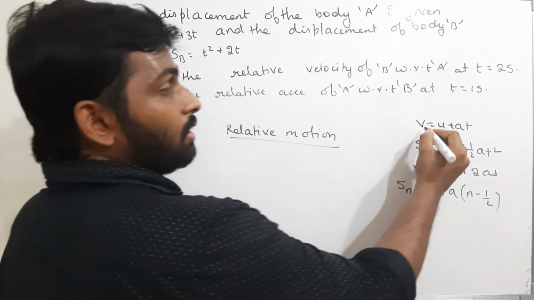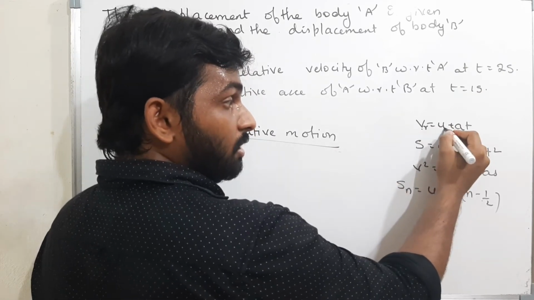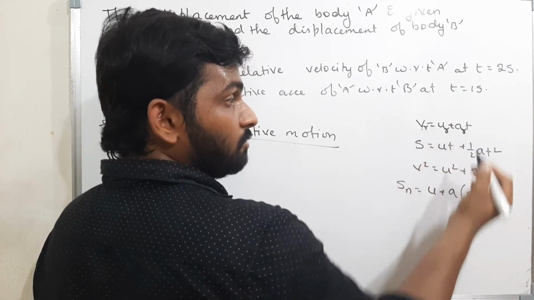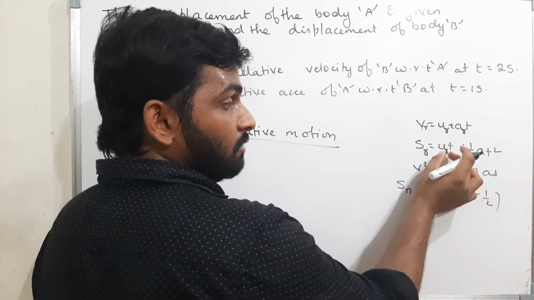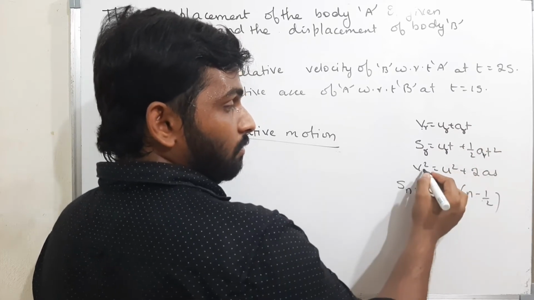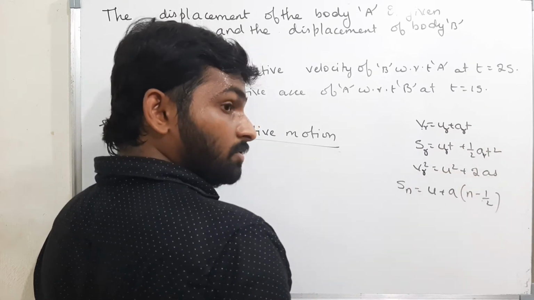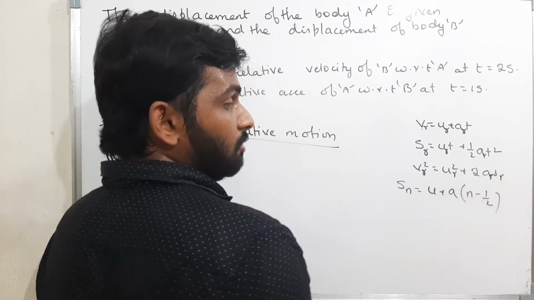That means the final relative velocity is equal to the initial relative velocity plus relative acceleration into t. The relative displacement SR is equal to initial relative velocity into t plus half relative acceleration t square. Final relative velocity whole square is equal to initial relative velocity whole square plus 2 into relative acceleration into relative displacement.